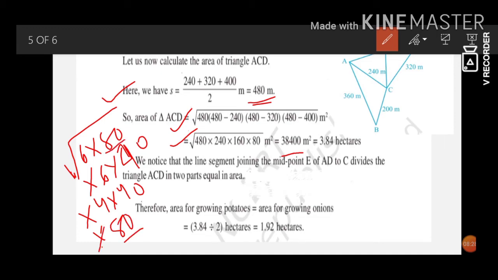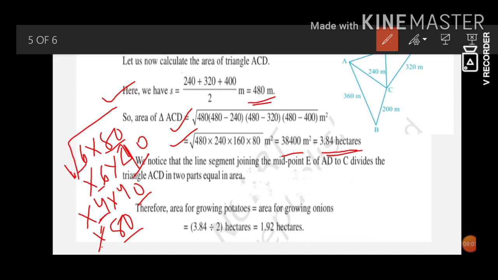So 80 and 80 come out as 80, 40 and 40 come out as 40, 6 and 6 come out as 6, and 4 comes out as 2, since 4 can be written as 2 into 2. So all the numbers which were under the root come out as single numbers, and after multiplication we get 38,400 meters square. We know that 10,000 meters square is equal to 1 hectare, so we get 3.84 hectares.